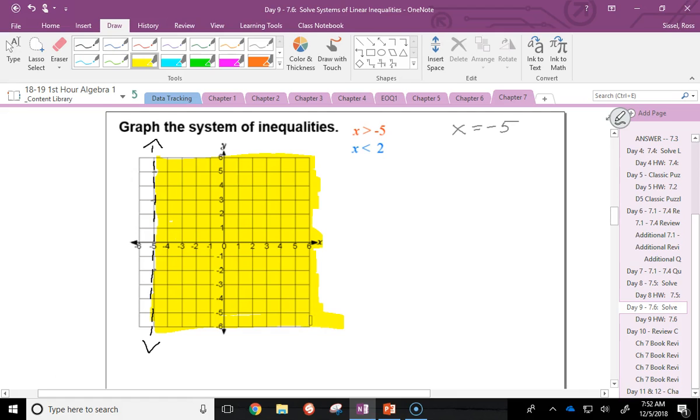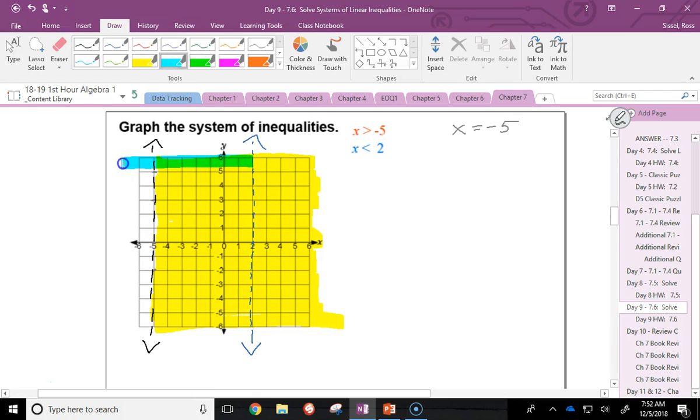Okay. My second line that I'm going to graph is x is less than 2. Once again, we're going to have a vertical line here at 2. Dotted line. But because it's less than, we shade left. So I'm going to use my blue.